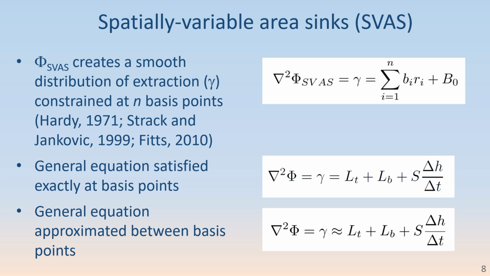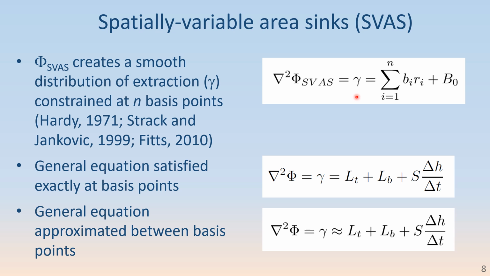When we have multiple layers, vertical leakages, and/or transient flow, we're going to need a spatially variable area sink, SVAS. And the discharge potential for that spatially variable area sink function has a Laplacian with a finite and spatially variable extraction, this gamma.